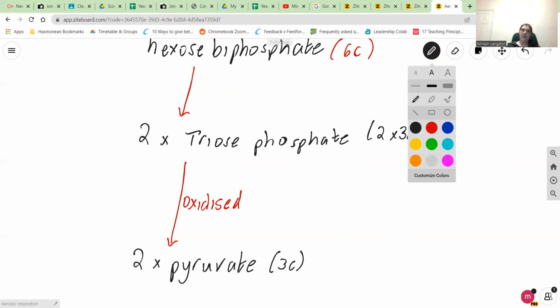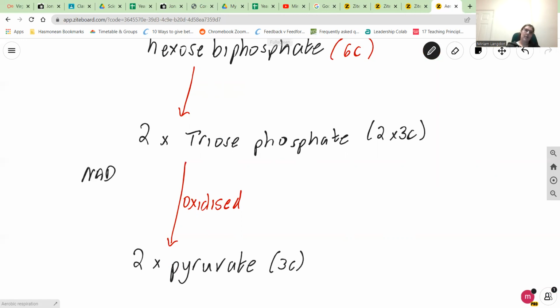Now, because it's being oxidized, that is because it is losing hydrogen ions. And those hydrogen ions are going to be picked up by a coenzyme called NAD. So it will pick up those hydrogen ions and turn into reduced NAD, or NADH plus H+.